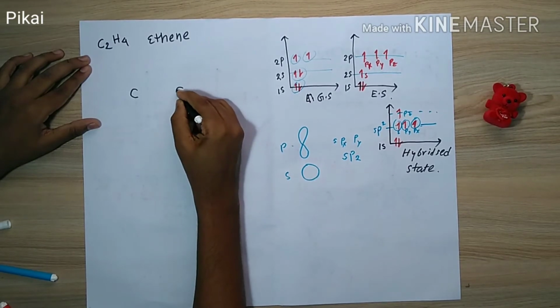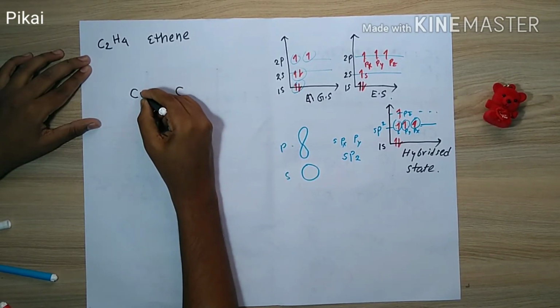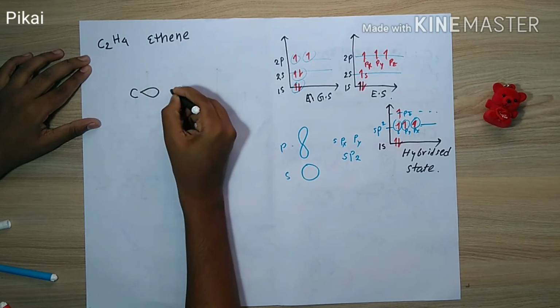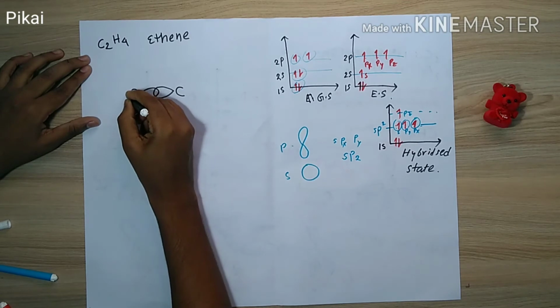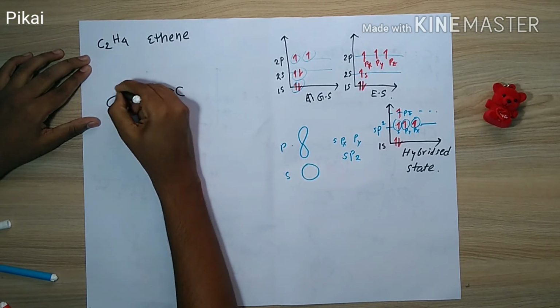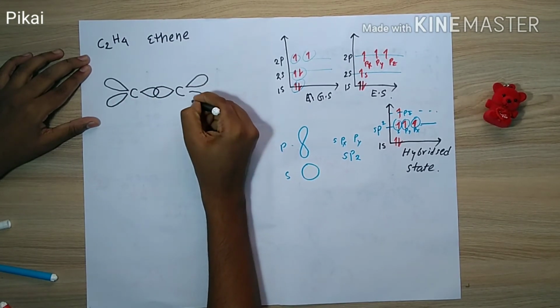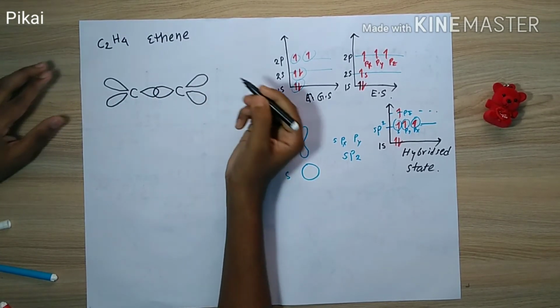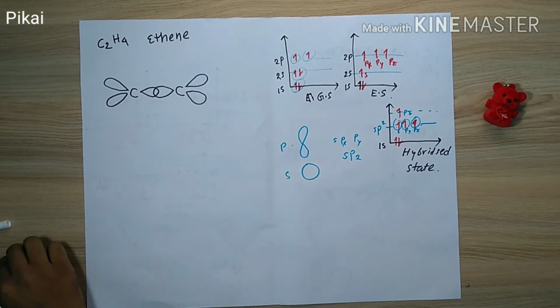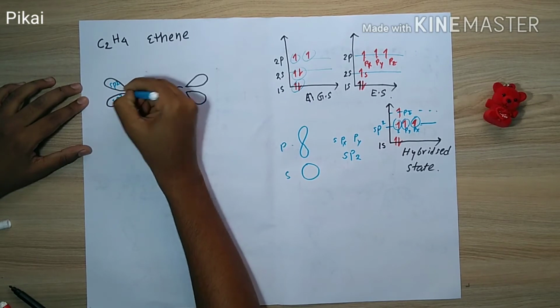When we draw ethene, first of all we have to draw our sigma bonds. The sigma bond forms between the sp2 hybridized orbitals. Now we draw another two sp2 hybridized orbitals, which will later form the axial bonding with hydrogen.